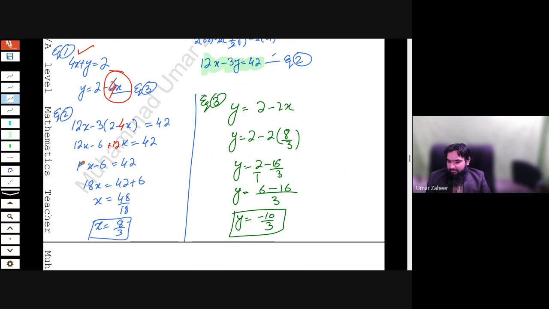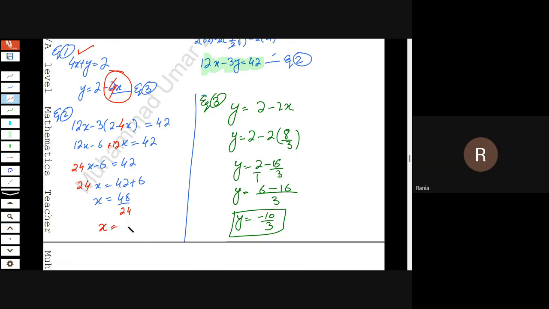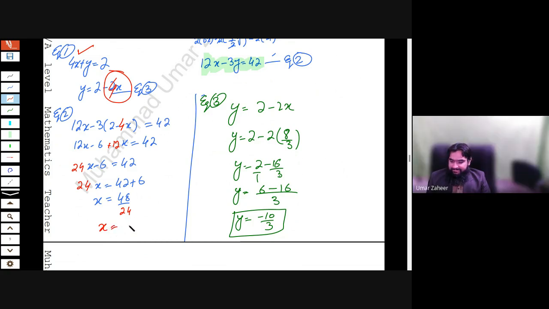It will be 24x. Yes, 48 divided by 24 is 2. Yes, you are getting the same answer.